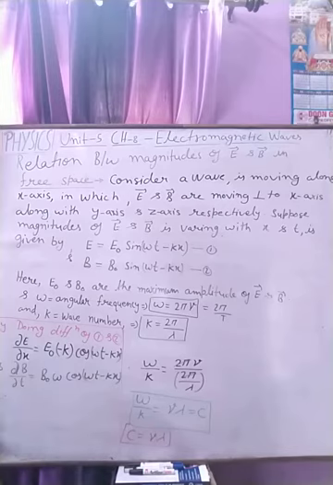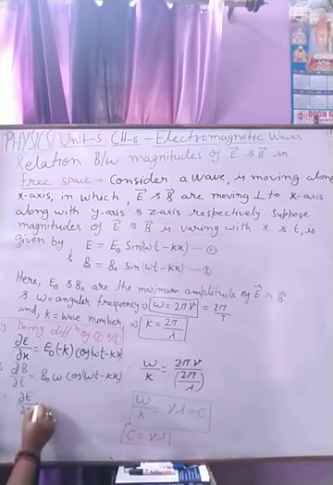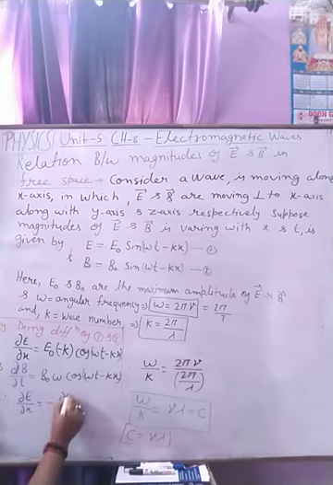Therefore from here we get, by the Maxwell equations, del E upon del x is equal to minus del B upon del t.